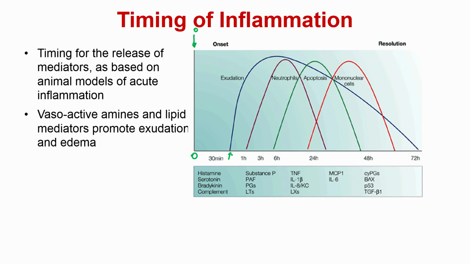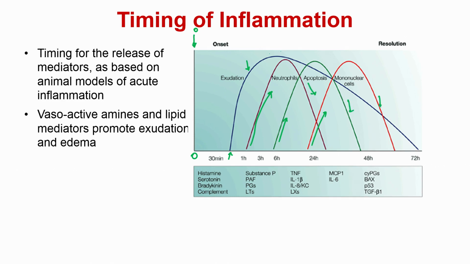Once the vessels are dilating, more and more cells are coming, so you have swelling that will start, and as more cells come, the neutrophil numbers go up. Some of the cells in the area are also dying, because this is quite an extreme environment for them, and then you also have monocytes and macrophages, the more adaptive cells, start to come in, and if everything gets resolved, these numbers will go down.